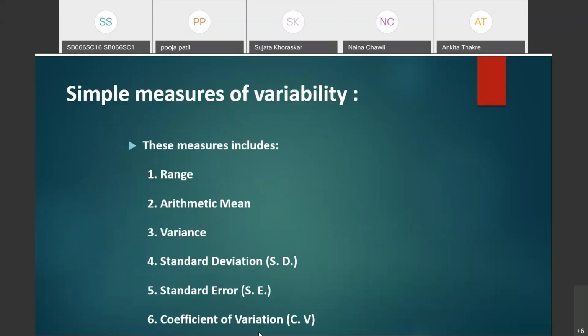Now we are moving towards the simple measures of variability, that is, how the variability among the population in plant breeding is assessed or measured.